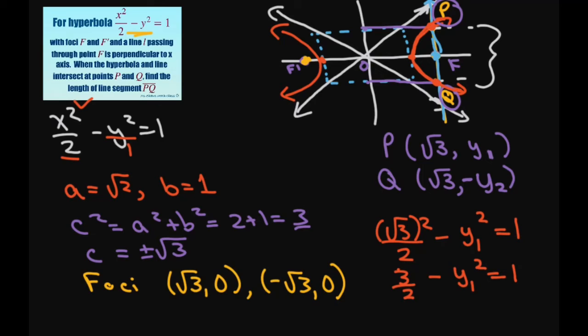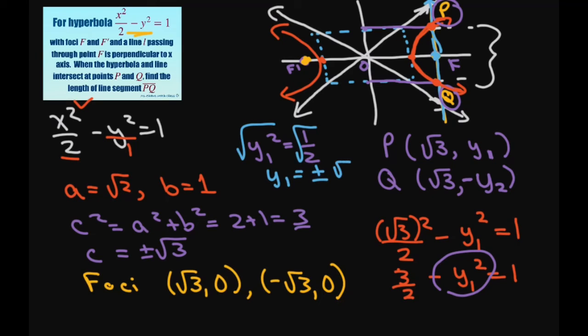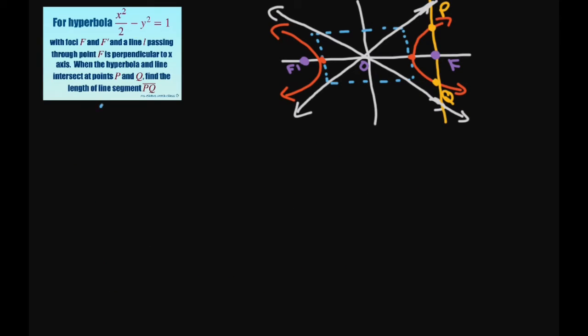If you solve for this, you're going to get y sub 1 squared equals 1/2. If you square root both sides, you get y sub 1 equals plus or minus square root of 2 divided by 2, and I went ahead and rationalized that.